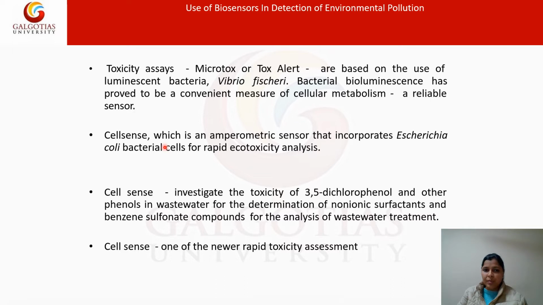It incorporates Escherichia coli bacterial cells for rapid ecotoxicity analysis. Cell Sense is one of the newer rapid toxicity assessment methods. It investigates the toxicity of 3,5-dichlorophenol and other phenols in wastewater, and the determination of non-ionic surfactants and benzene sulfonate compounds for analysis of wastewater treatment.